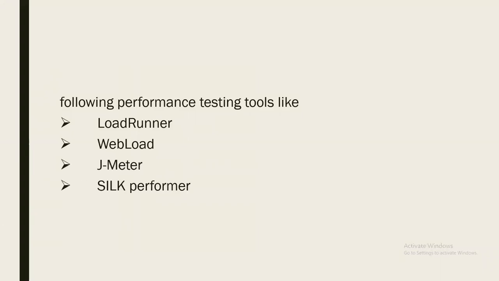Because of that, we use some tools for performance testing like LoadRunner, WebLOAD, JMeter, Silk Performer, Rational Performance Tester. Different kinds of tools are available in the market. Whereas JMeter is a free tool, like Selenium, a non-commercial tool. The remaining are commercial tools. Compared to functionality testing tools, performance testing tools are expensive.